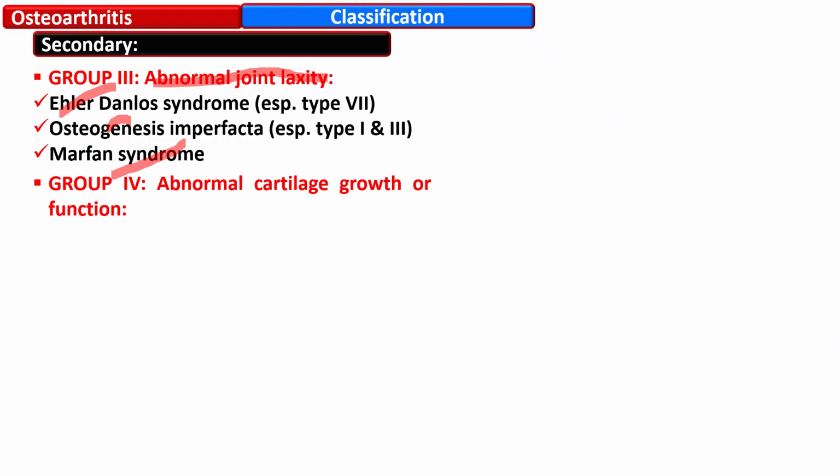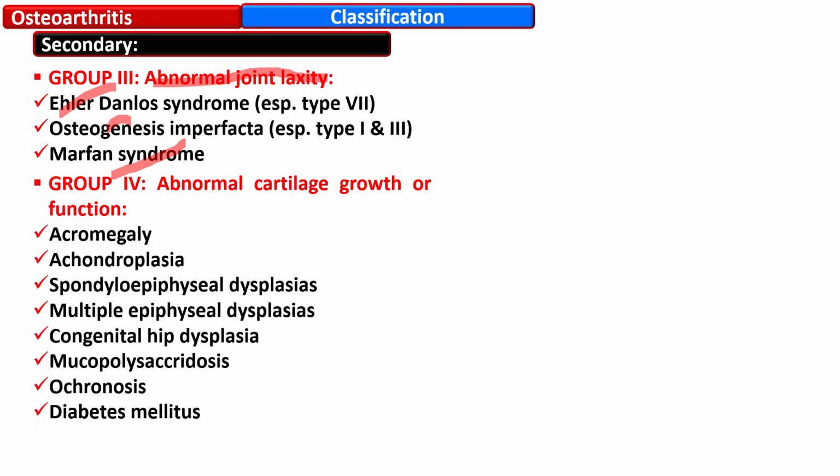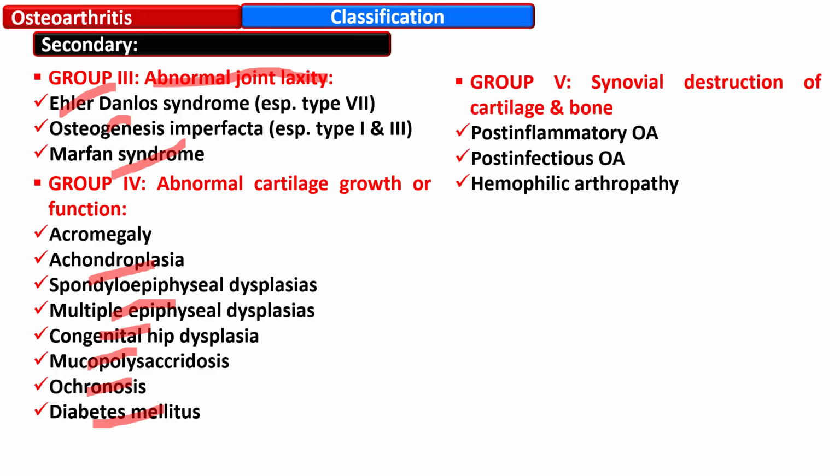There are a lot of disorders, such as acromegaly, achondroplasia, spondyloepiphyseal dysplasia, multiple epiphyseal dysplasia, congenital hip dysplasia, mucopolysaccharidosis, ochronosis, and diabetes mellitus. Group 5 includes the destruction of the synovial cartilage and bone, as happens in post-inflammatory osteoarthritis, post-infectious osteoarthritis, and also in hemophilic arthropathies.